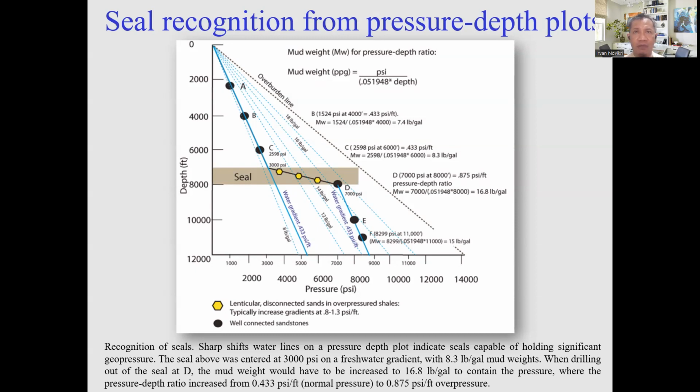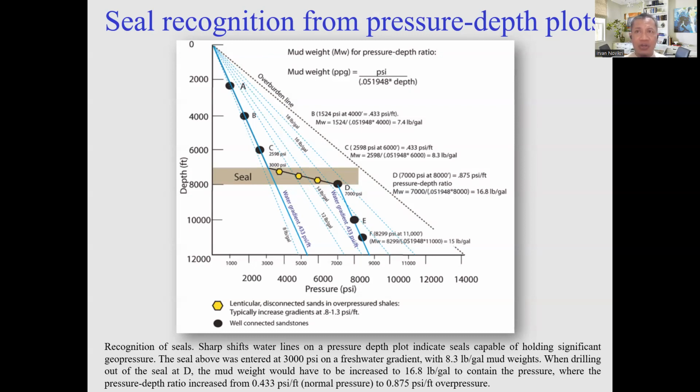Recognition of sharp shifts in water lines on a pressure depth plot indicates a seal capable of holding significant geopressure. The seal above was entered at 3000 psi on the freshwater gradient with 8.3 pound per gallon mud weight. When drilling out of the seal at D, the mud weight would have to be increased up to 16.8 pounds per gallon to control the pressure.